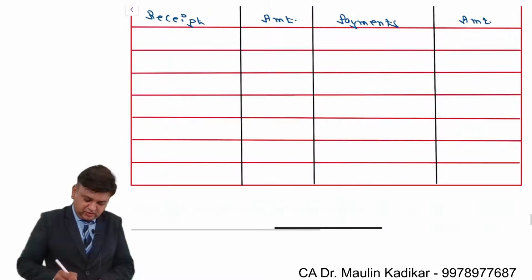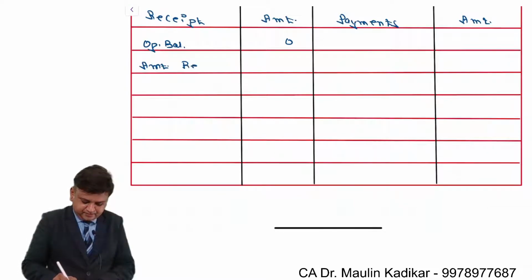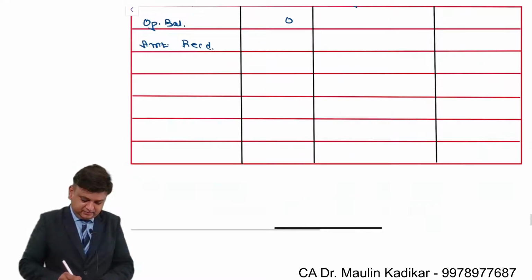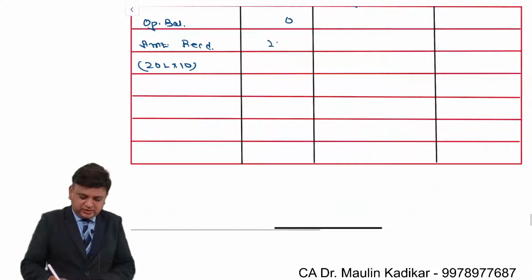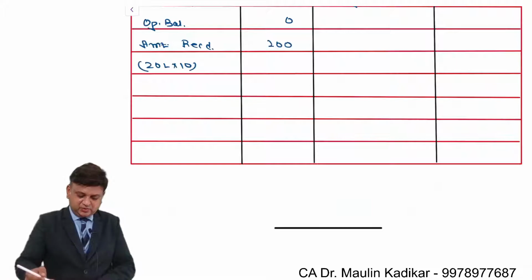Opening balance will be 0. Then amount received from the investor, 20 lakh units at the rate of 10. That comes to 200 lakhs. Then initial issue expenses 12 lakhs.